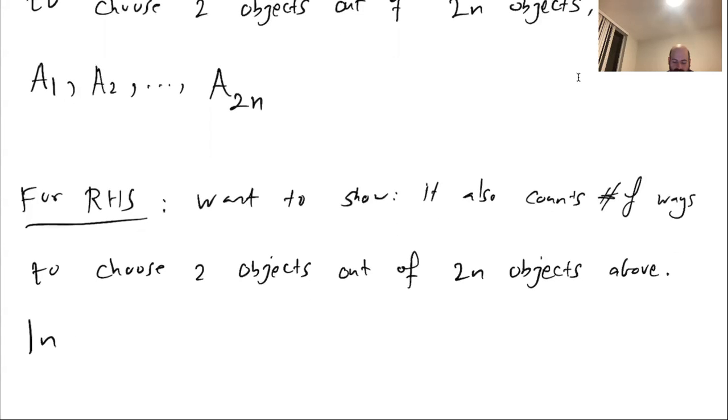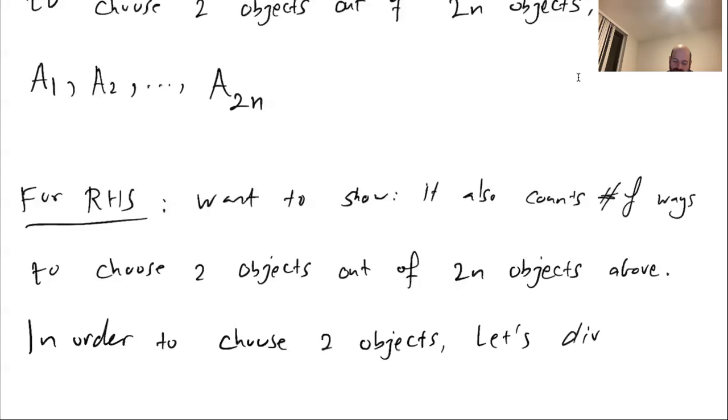Now, in order to choose 2 objects, let's divide the total objects, which is A1 to A2n, into 2 groups: A1 to An, the first n objects, and An plus 1 to A2n, the next n objects.